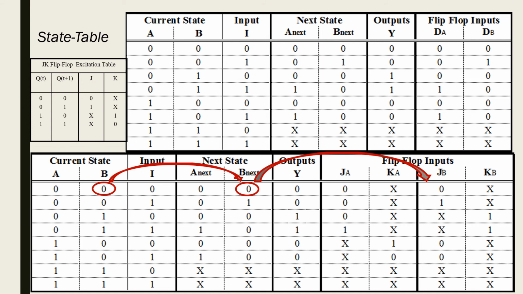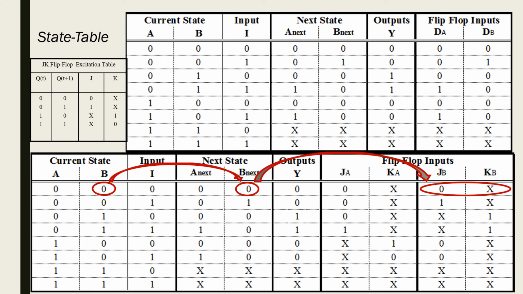If you go to the excitation table shown in the left corner, you find that whenever 0 goes to 0, this means J equals 0 and K equals X. In the same way, you go to the second one, 0 goes to 1, and then you go back to the table, you find that 0 goes to 1 means JB equals 1 and KB equals X, and so forth.